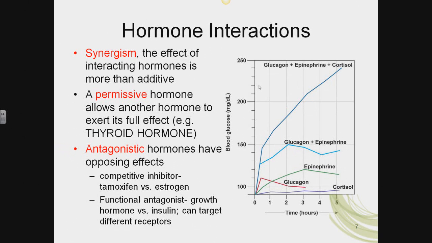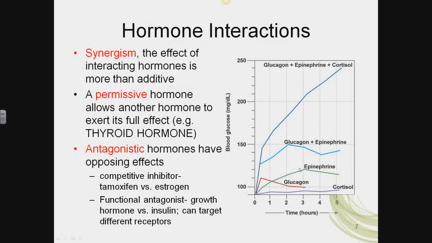And that's shown on the screen, where you can see blood glucose levels most definitely are affected singularly by cortisol, glucagon, epinephrine. But notice how blood glucose levels change when we add 2 and 2 together, or if we have all 3 working synergistically. Notice this top curve of the graph where we have glucagon, epinephrine, and cortisol working together.